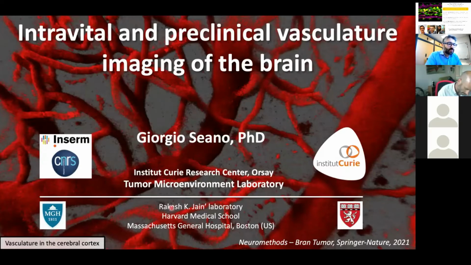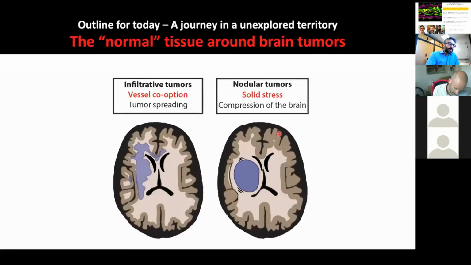Today I'm going to show you mainly the work that I've done in Rakesh Jain's laboratory at Harvard Medical School, with some preliminary, unpublished data coming from my own laboratory, now set up at Institut Curie in Orsay. Let me say two words on the general idea of the next 30 minutes.